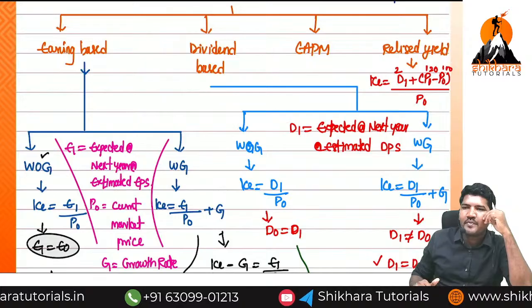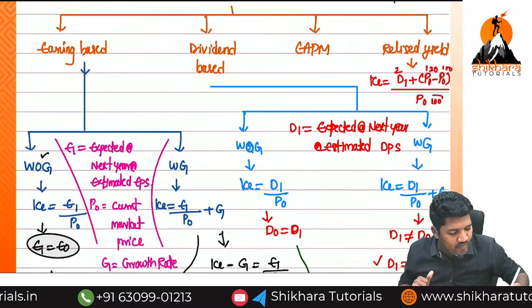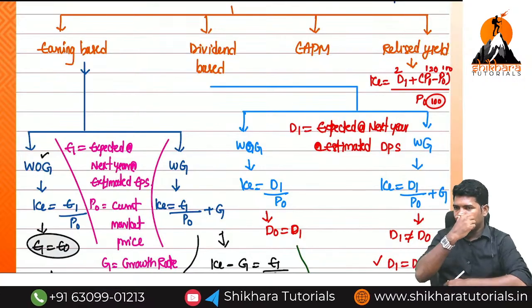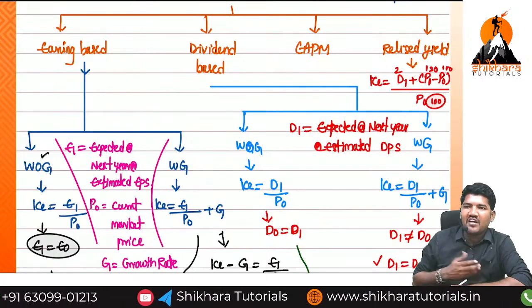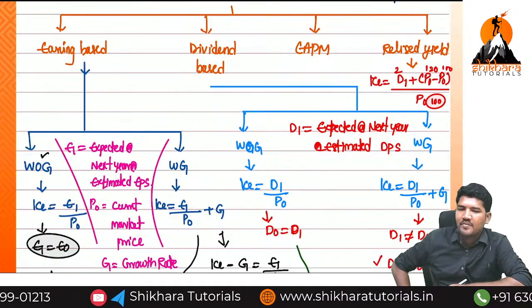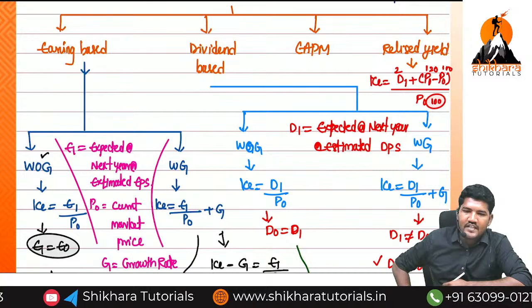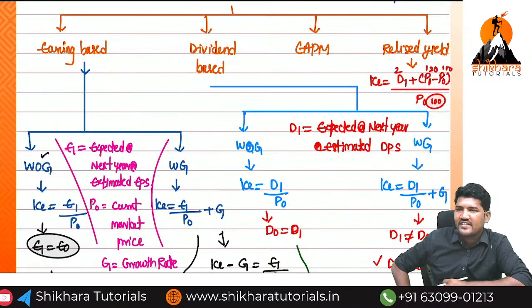The amount of investment P0 is 100 rupees. So 22 divided by 100 into 100, that is 22%. You can observe the numerator: D1 is a benefit as well as capital appreciation is an additional benefit. That's called realized yield. That is okay.